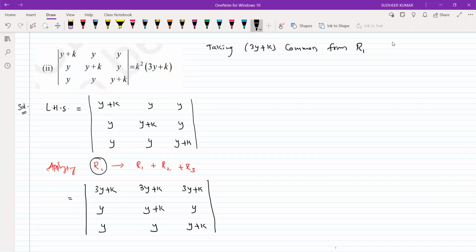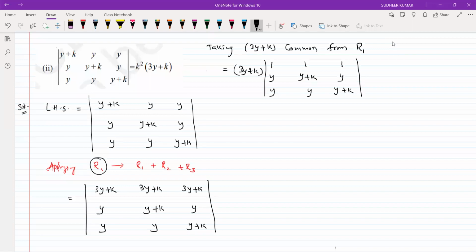Yes, ma, it's right. So we can take the common. So 3y plus k taken common, the remaining values are 1, 1, 1. And this is y, y plus k, y; y, y, y plus k.